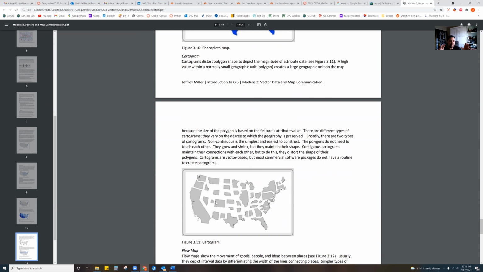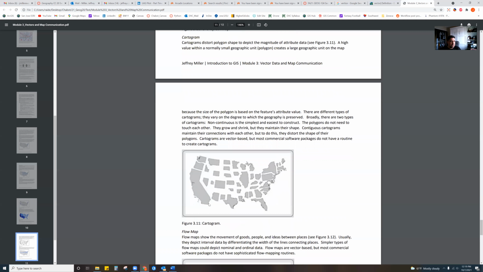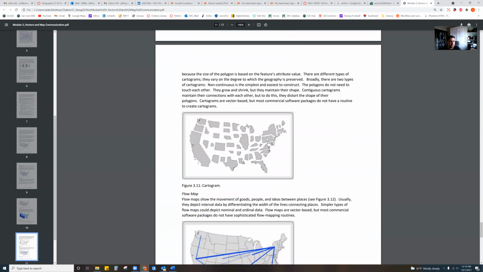You could have cartograms where the features are close to one another and connected, or they could be spaced apart. I kind of like them spaced apart because sometimes the features are going to be really big and sometimes really small, and it can get kind of busy if they're all clustered together. But anyways, looking at this map, California is a big state, but Texas is also a very big state.